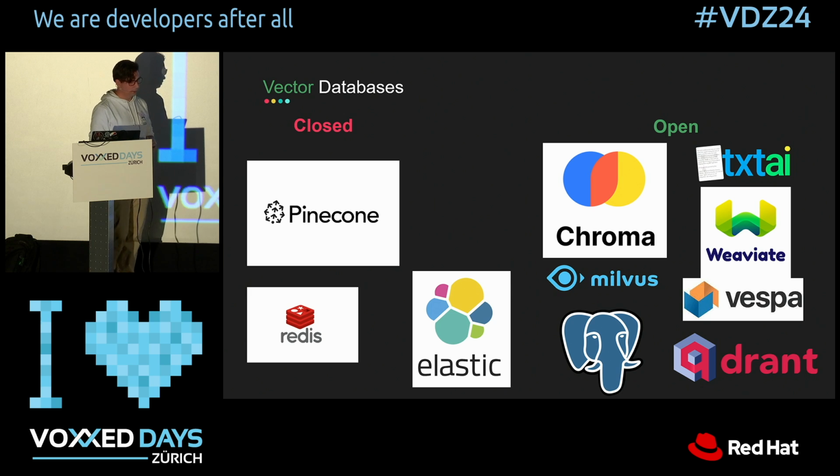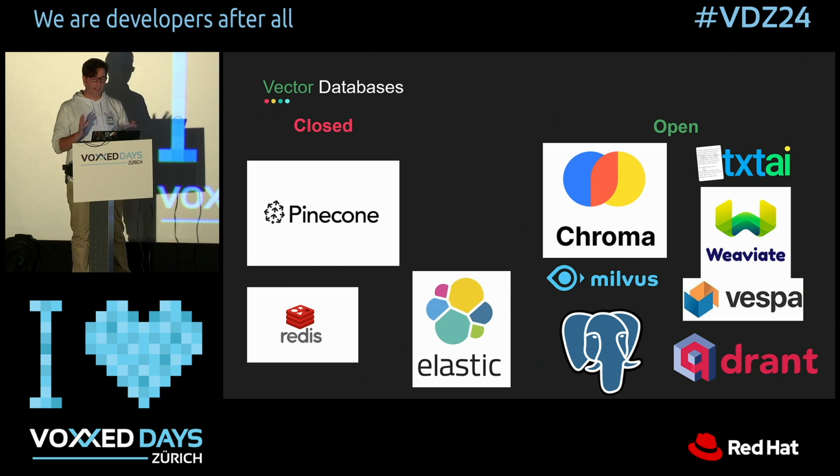Pinecone and Redis are closed source. And Elastic, I'm not really sure. They're a little bit vague in their documentation because they had a change of terms and conditions some time ago, and since then they're like, yeah, we are open, but not really. So I'm not really sure. But Weaviate, Vespa, and PG Vector for Postgres are all 100% open source. So if you want to get started, I would probably just grab one of those.